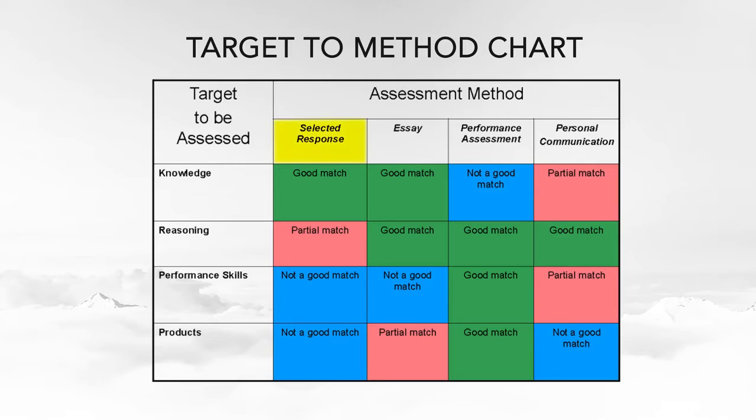Balanced assessment means we've been thoughtful about which methods we want to use to get evidence of which targets. What we find is some methods are just not effective at getting high quality data. For example, the selected response category giving us evidence of the reasoning. I can write problems that are designed to give me evidence of the reasoning.